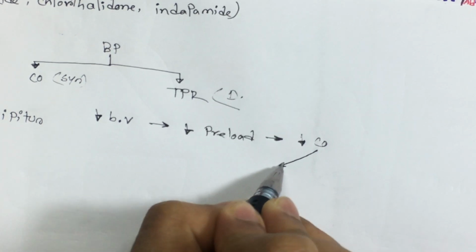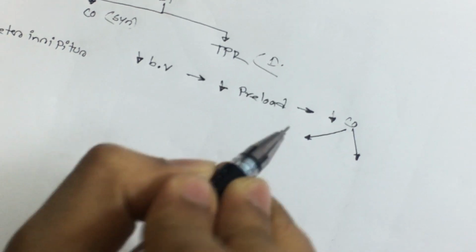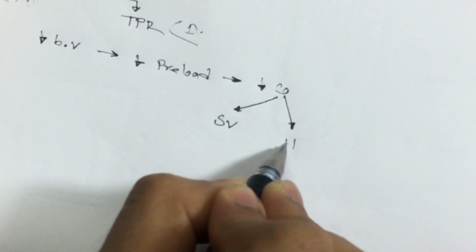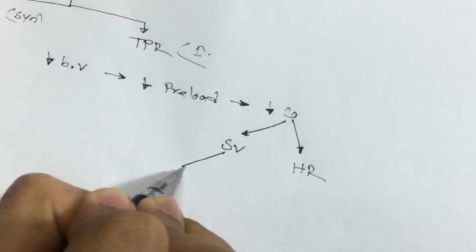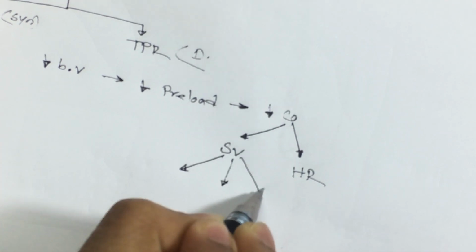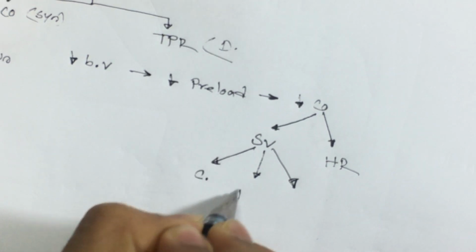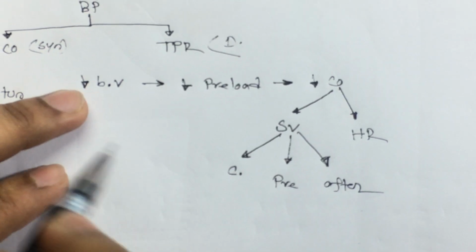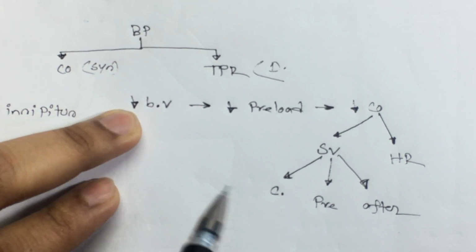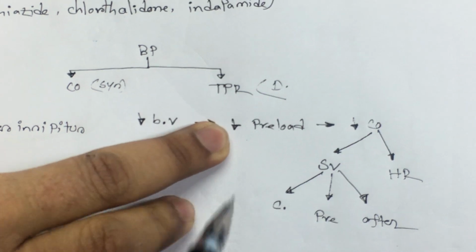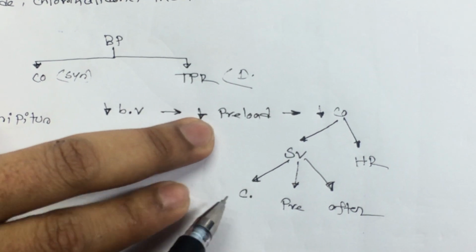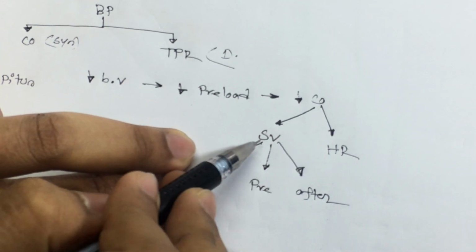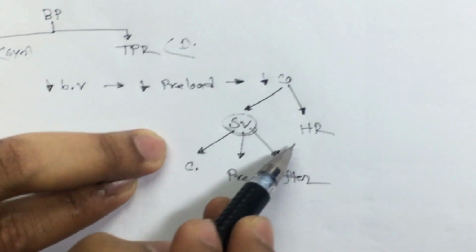Because cardiac output mainly depends on two things: stroke volume and heart rate.